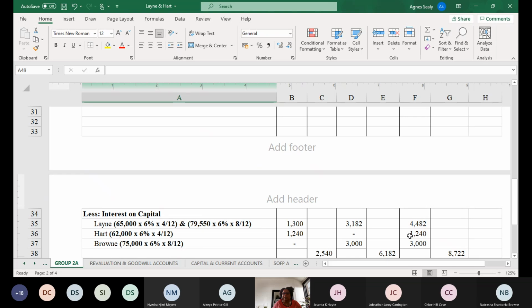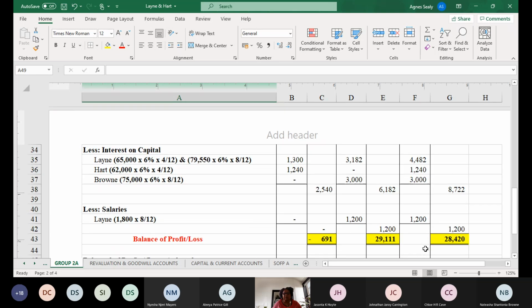This is what you have to total here, because if you don't total, you might pick up wrong figures. The interest on capital for Layne was a total of $4,482. For Brown, it was $1,240, and for Hart, $1,240, and Brown $3,000.